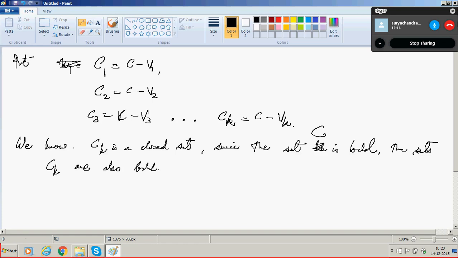I am sorry. Could you please repeat the statement I gave? In my handwriting, I got confused between U and C. Let C be a closed and bounded set in En, and let U1, U2, and so on and so forth be a collection of open sets which together cover C. Okay? So now it is right. Since the set C is bounded, the sets Ck are also bounded.